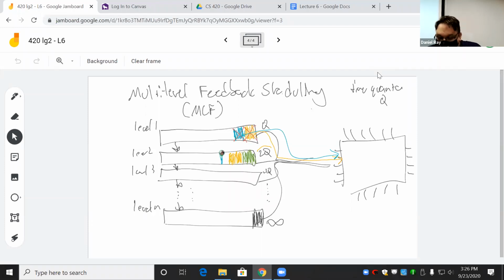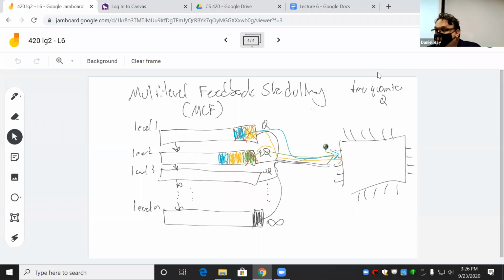Now who do we pick? Green this time. There's nobody in the highest queue. The next higher queue has processes in it, so we pick green, and move him out of this queue onto the processor.